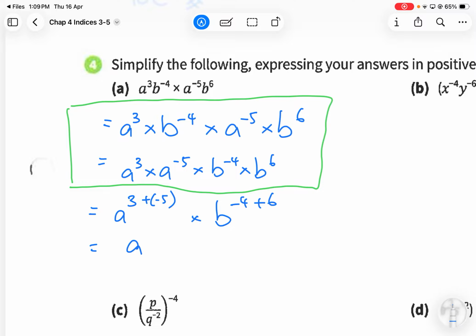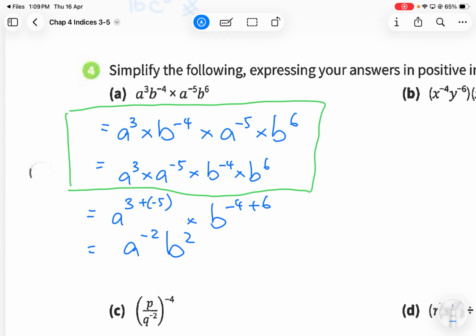Then I will have a power negative 2, b power 2. Then I want positive power, so my a, I cannot leave it here. I want a to have positive power, so I need to move my a to the denominator. Okay? Can?